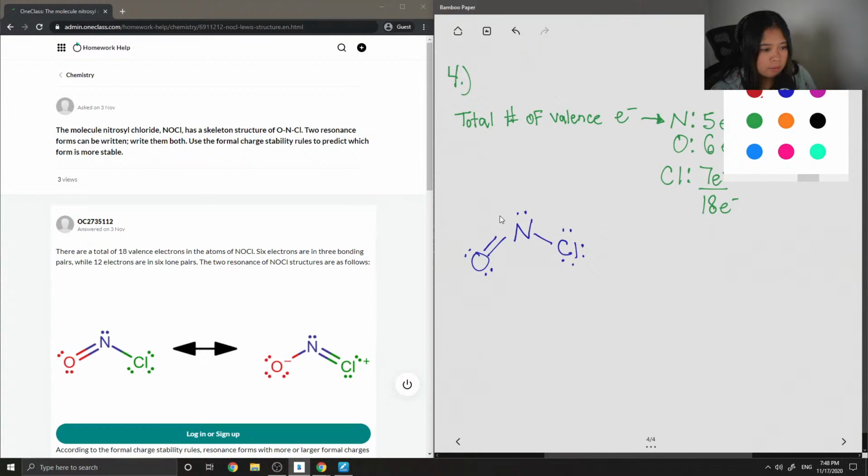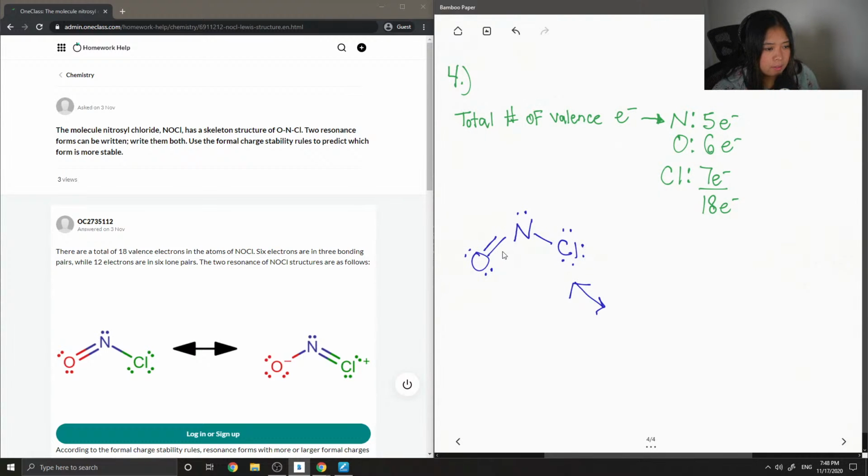Another one would be the following. So let's say this bond went over to that side instead. This gives us a single bonded oxygen that has a negative charge.